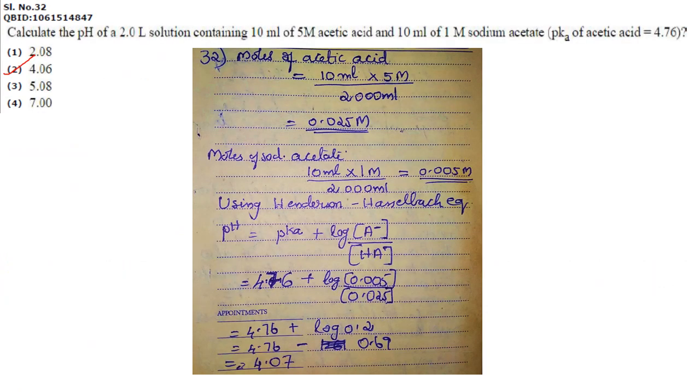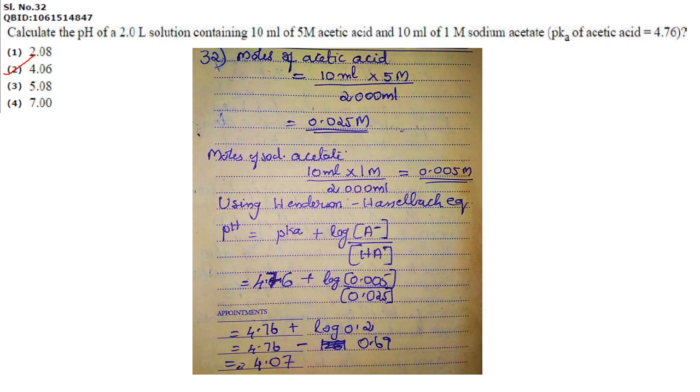Then next one. Calculate the pH of a 2-liter solution containing 10 ml of 5 molar acetic acid and 10 ml of 1 molar sodium acetate. The pKa of acetic acid is 4.76. You have to use the Henderson-Hasselbalch equation for this. Before that, you have to calculate the concentration of acetic acid: 10 ml times 5 molar divided by 2000 ml, converting 2 liters to ml, because it is 10 ml over here.